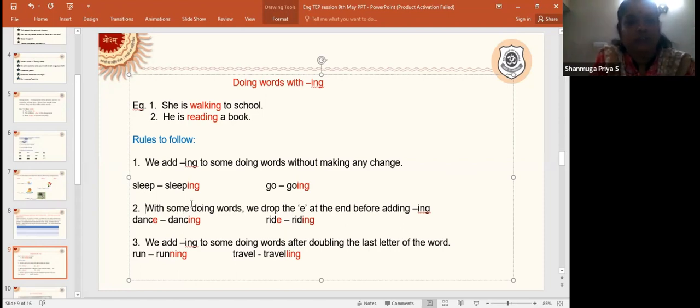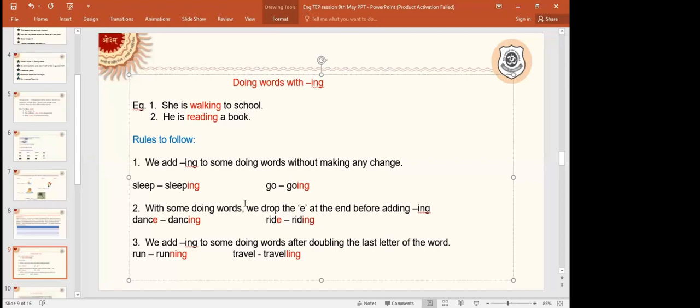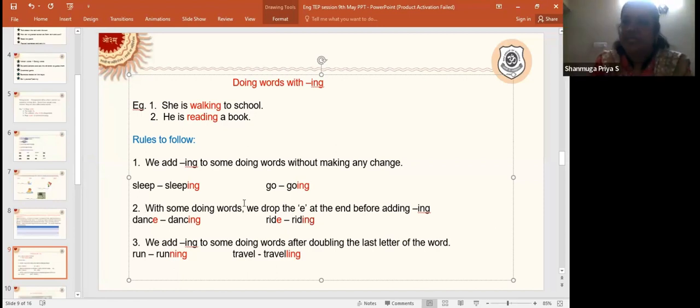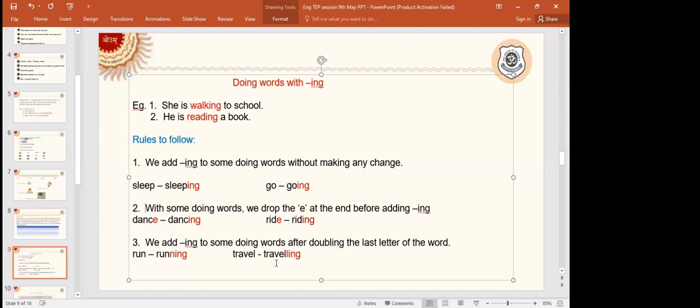So the next rule is, with some doing words, we drop the E at the end before adding ing. Ride, riding. Slide, sliding. Hide, hiding. Dance, dancing.